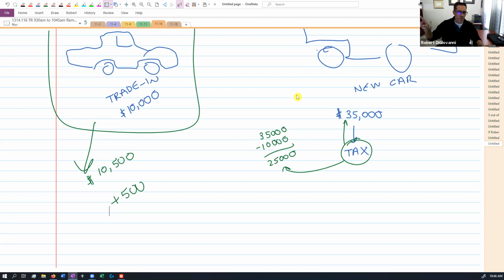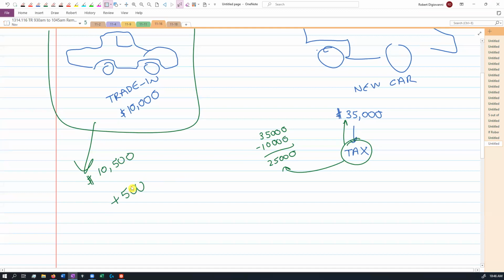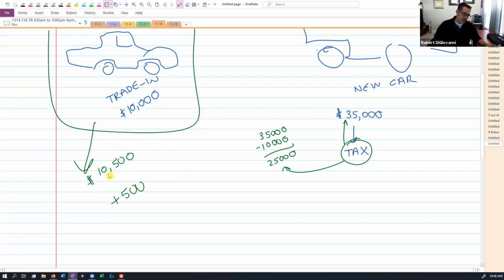I think it's around 6%. So I think you'd still have to pay about $620. There's a $620 difference between these, so this wouldn't be enough. You would need to get more than $10,620 this way to make it worth it.